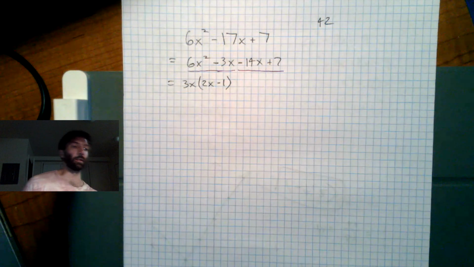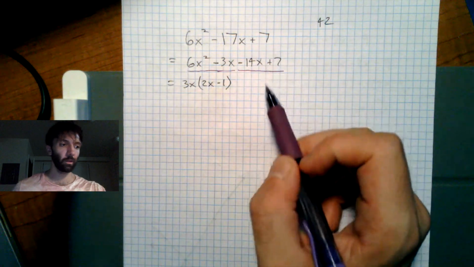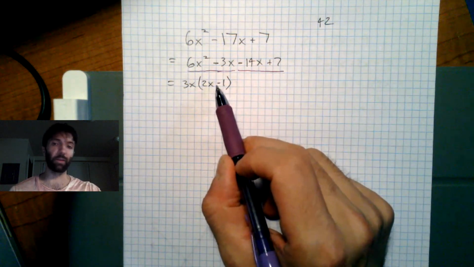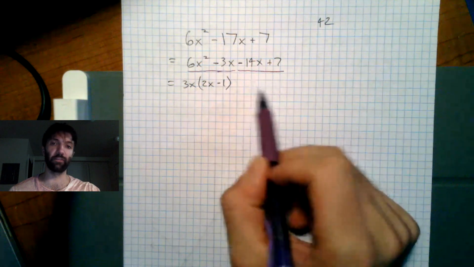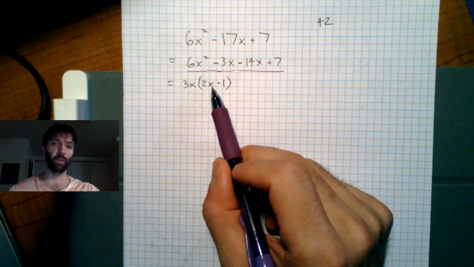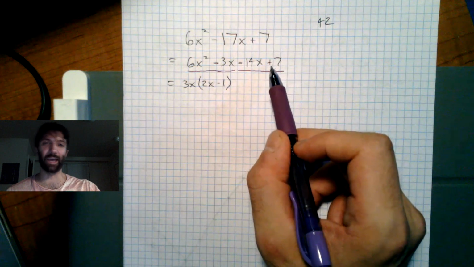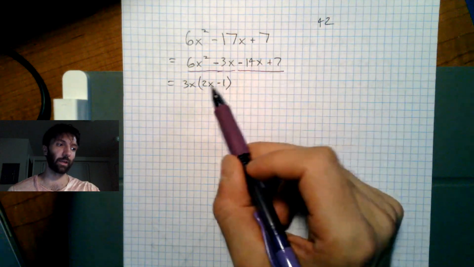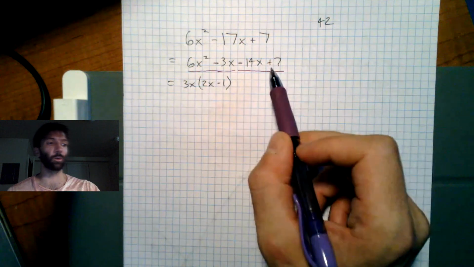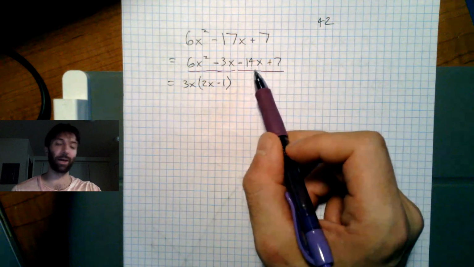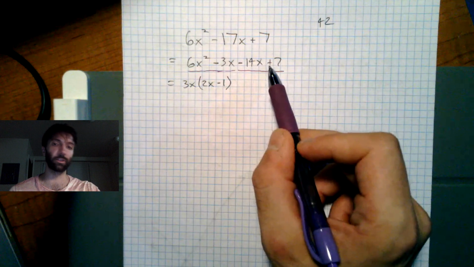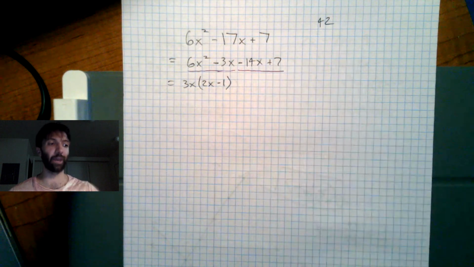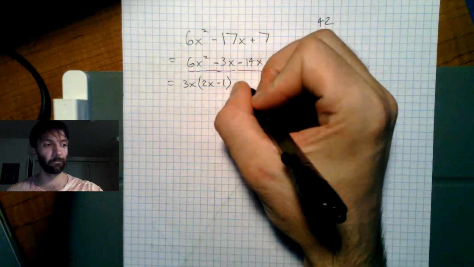Now this is a little tricky here, because remember, I need to get my factor to match. I need a factor over here that's going to match my 2x minus 1. But since I have a plus sign here, I need to get that to be negative so that it'll match this. And so I'm not just going to factor out a positive 7, because then this sign won't change. I'm going to factor out a negative 7.